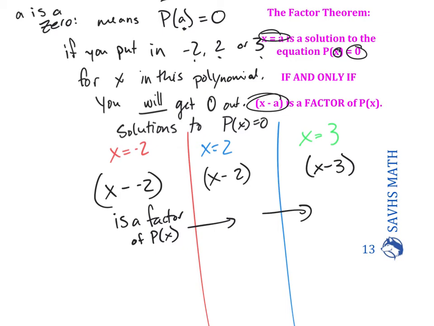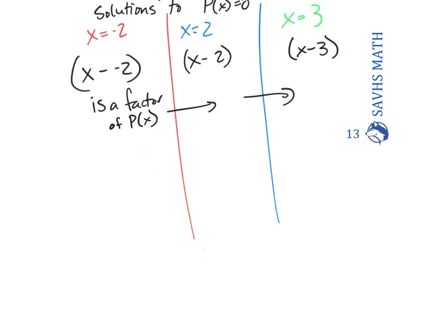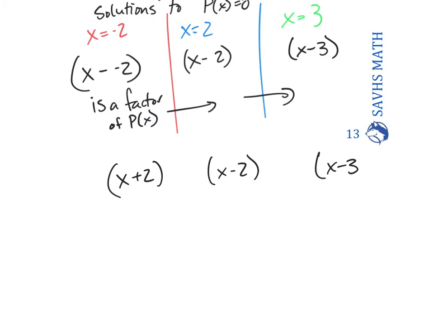So what do we have left? Well, now we have these three factors. We have X minus 2, we have X minus 3, and we have X plus 2, and I say X plus 2 because that's what this is here. So I can rewrite this as X plus 2 is a factor, X minus 2, and X minus 3.